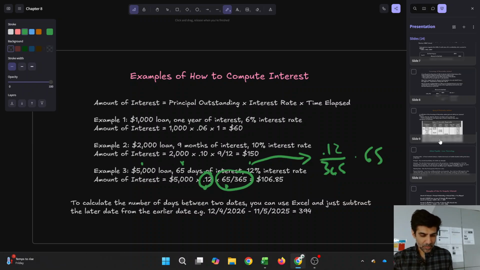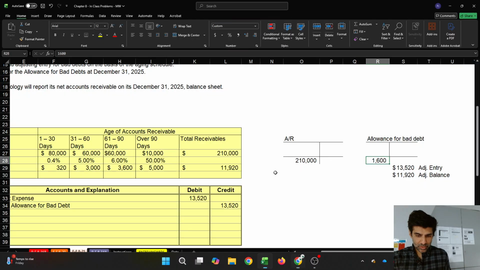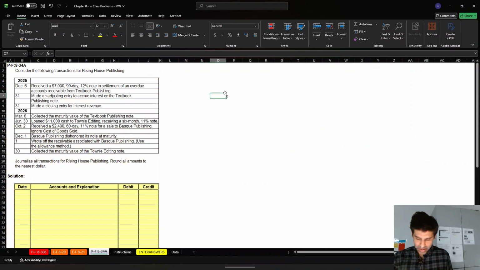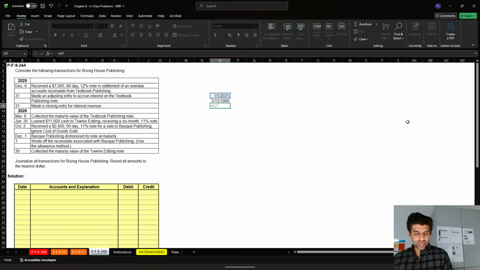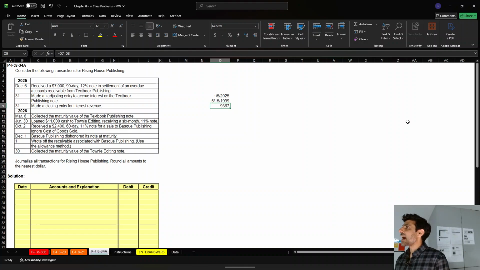There's an easy way to calculate the number of days between two dates in Excel. All you have to do is subtract them from each other. So for example, if we had 1/5/2025 and let's say 5/15/1999, two random days, I could just do one minus the other, and it tells me exactly how many days are between those two.